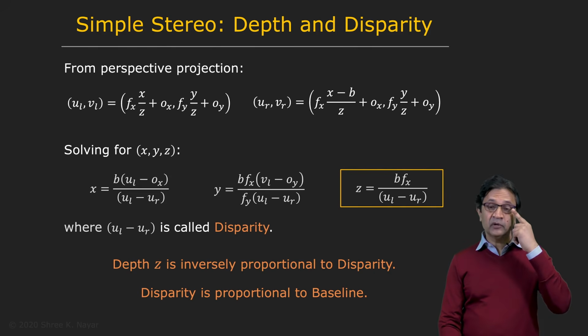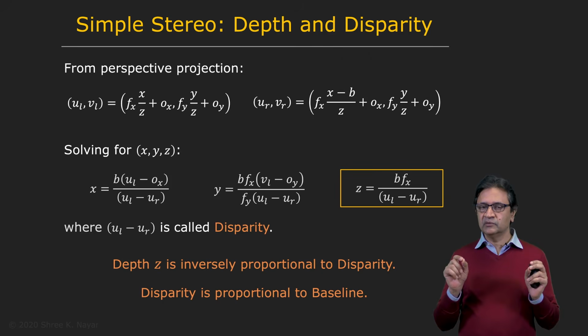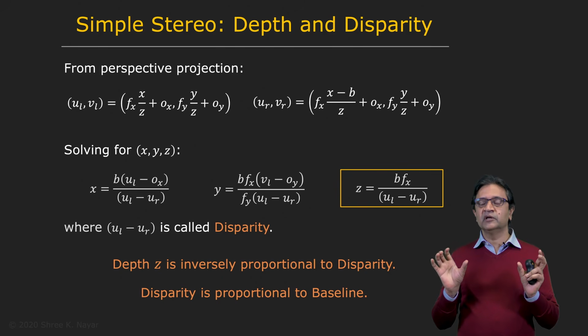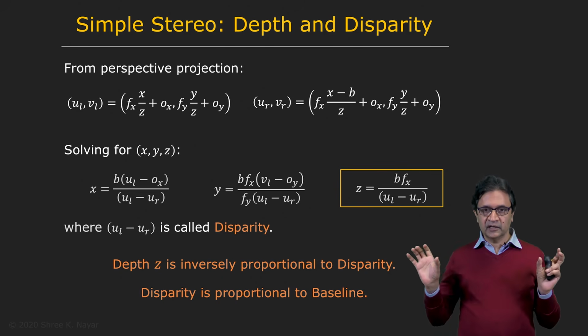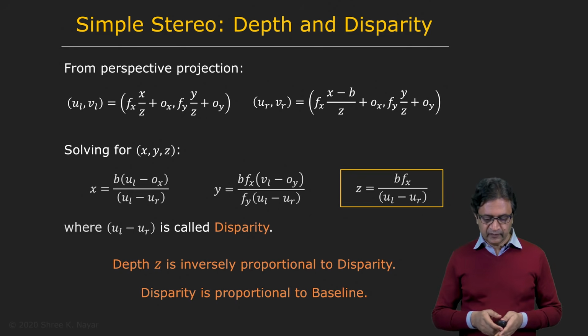And this is an important consideration because when you're designing a stereo system, since you want to measure disparity very precisely because that's what gives you depth, you want to typically use a stereo configuration where the baseline is large. Because the larger the baseline, the more precisely you can make your disparity measurements.